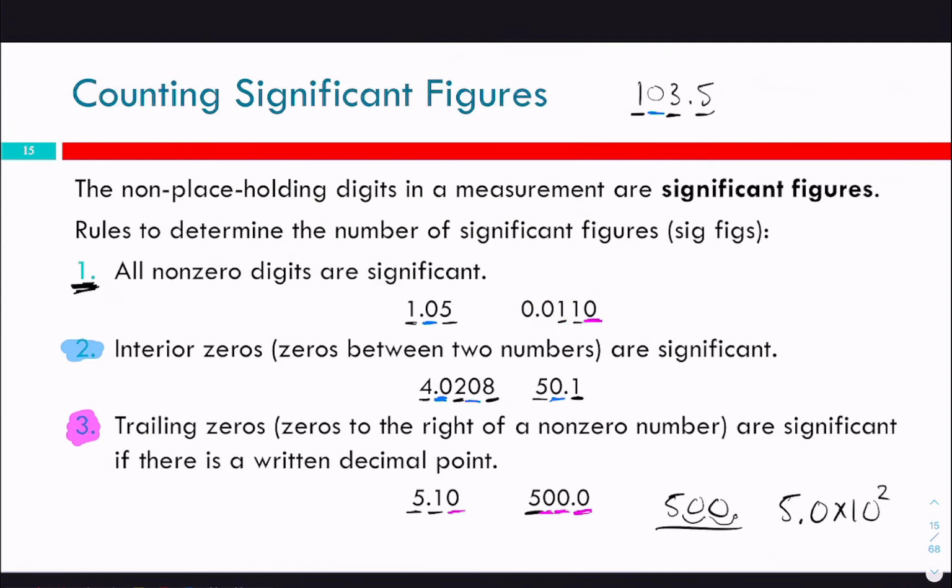So now we can reapply our significant figures rules to the scientific notation and say that, okay, 5 is a non-zero number, and now we have a written decimal point. So this trailing 0 is also significant. Cool? Questions?